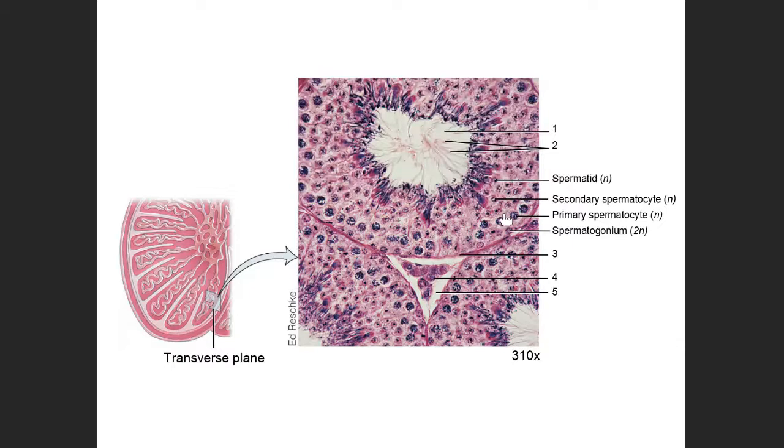And this is the basement membrane, number 3. Then you have a spermatogonium, primary spermatocyte, secondary spermatocyte, spermatid, and sperms, one step after each other. And here you have interstitial tissue with Leydig cells.